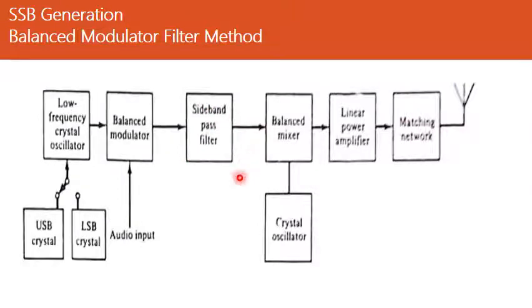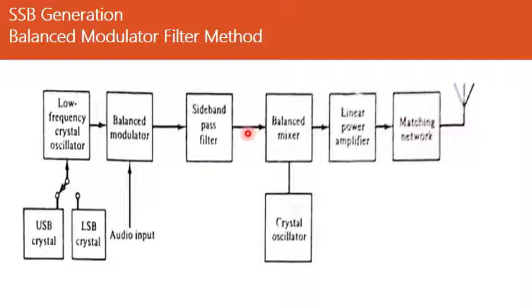Such a transmitter is illustrated in this slide. The initial modulation takes place in the balanced modulator at a low frequency because of the difficulty of making this filter at a high frequency. The filter is a band pass filter with a sharp cutoff at each side of the band pass to obtain adjacent sideband rejection.